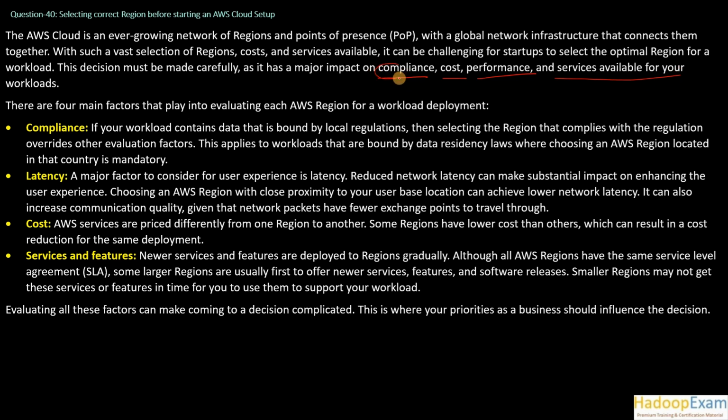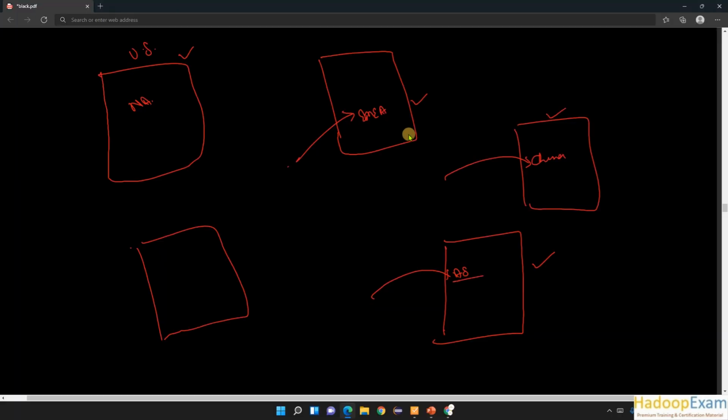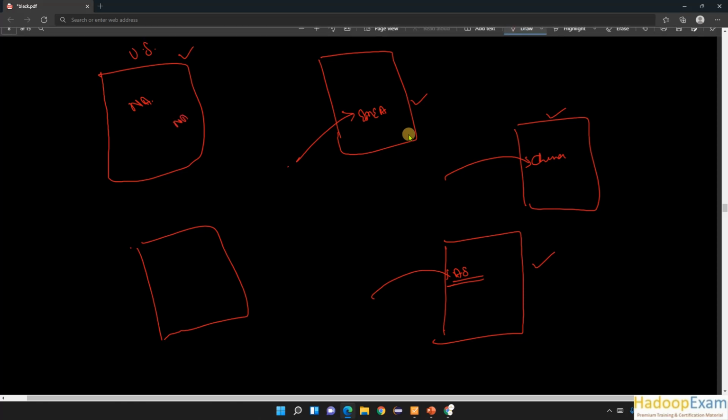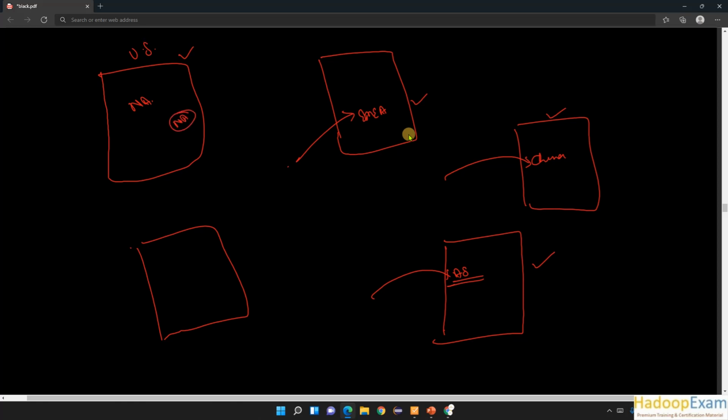Compliance means regulatory need. Companies in India cannot deploy data in a North America region if some regulatory requirement says so. That way, there is a compliance impact. Cost wise, which one is cheaper for you? Whichever is near to you may or may not be cheaper, correct?